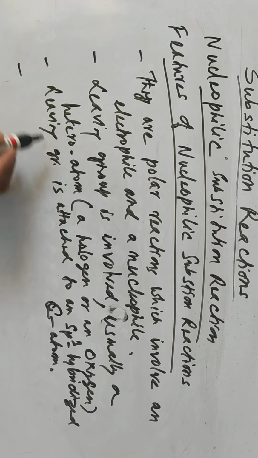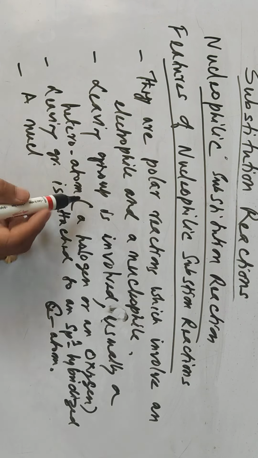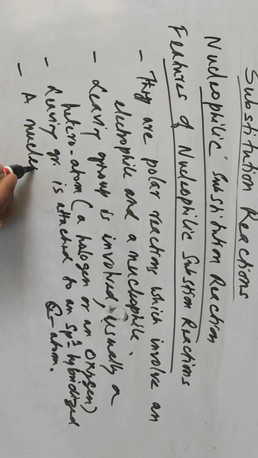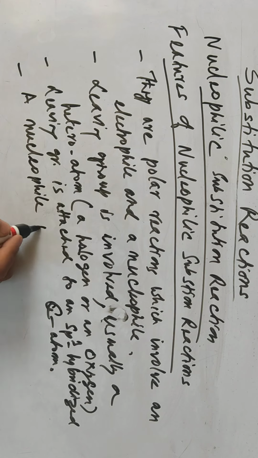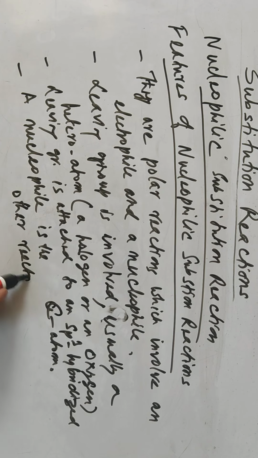Another is a nucleophile as the other reactant. So we have two reactants involved: one is a compound having a leaving group, the other is the nucleophile. These are the features.